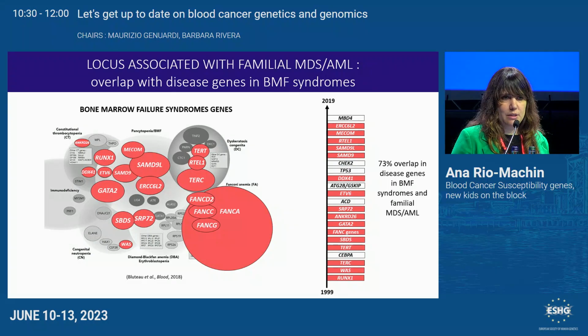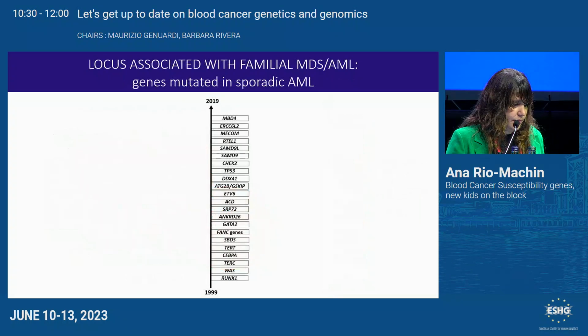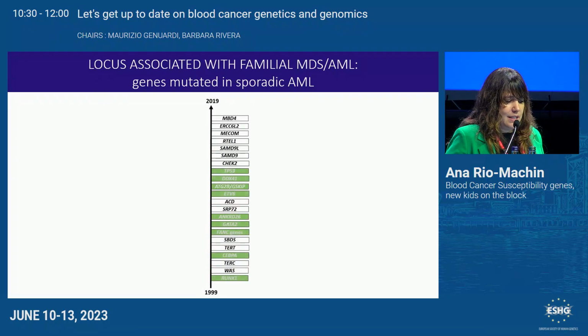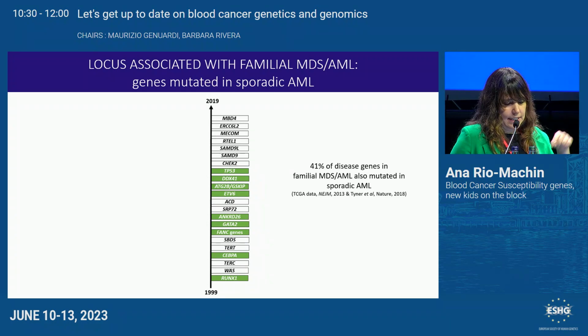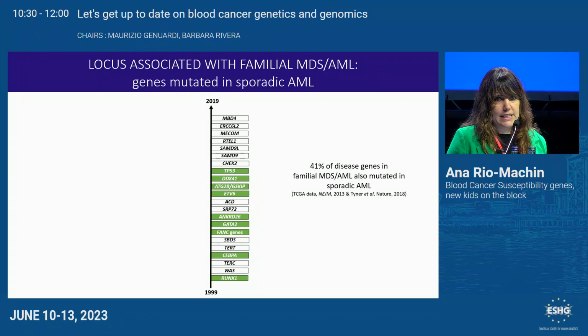It's not surprising, but it's interesting to have in mind, because some of these bone marrow failure syndromes, or most of them, are recessive, but we can find in heterozygosity the germline variants in the same genes, predisposing to MDS and AML. It's also important to see that only 41% of these genes are also mutated in sporadic disease.